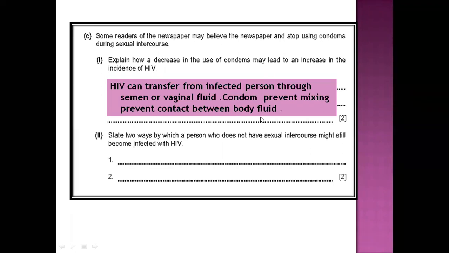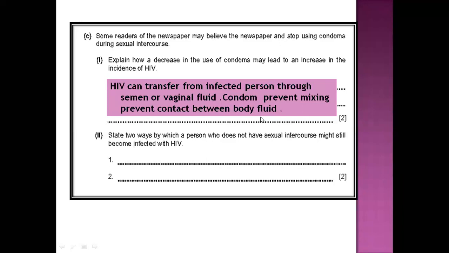All right. Another question we have. State two ways by which a person who does not have sexual intercourse might still become infected with HIV. So we should know other ways of HIV transmission. It is not only because of sexual intercourse. For example, blood transfusion from an HIV infected person.